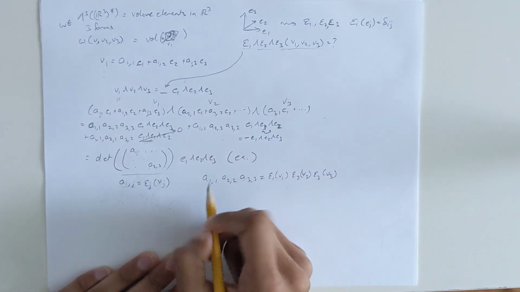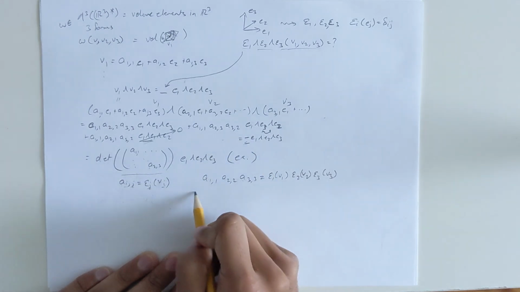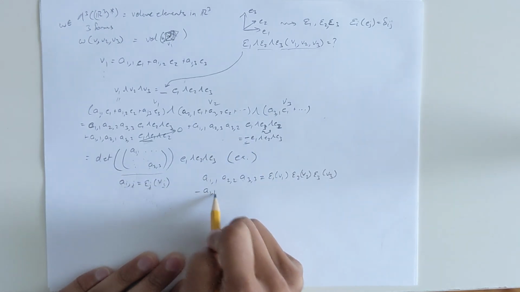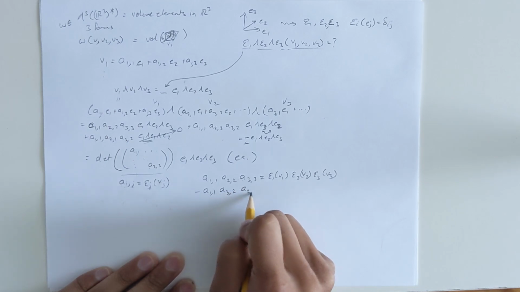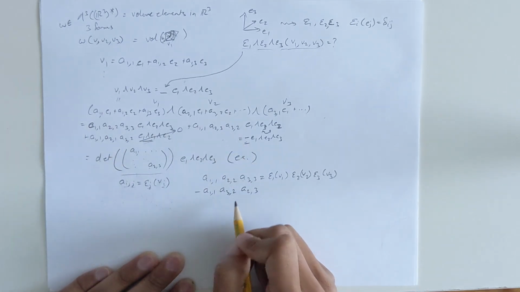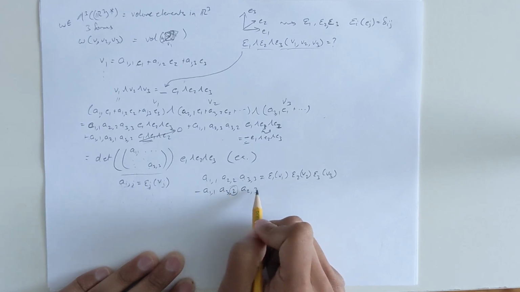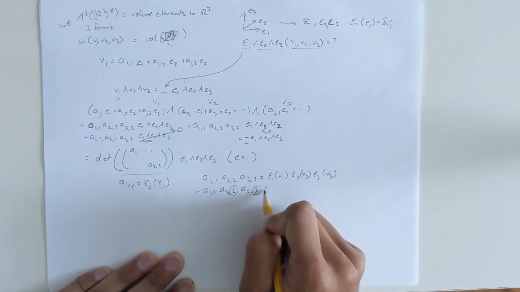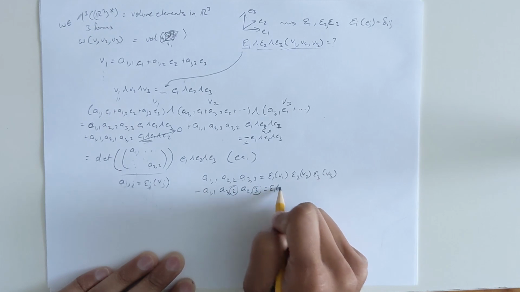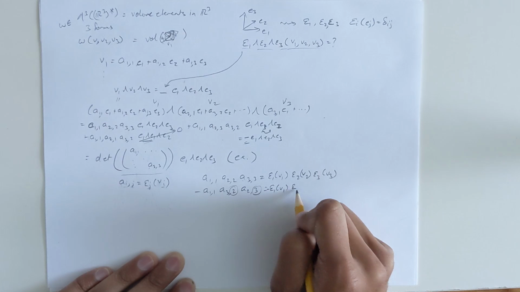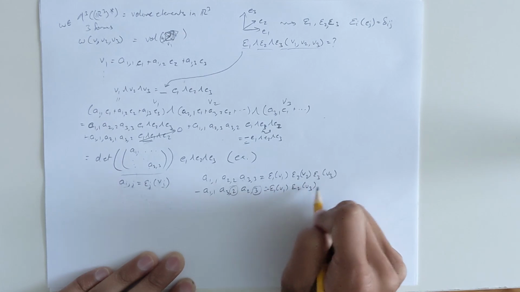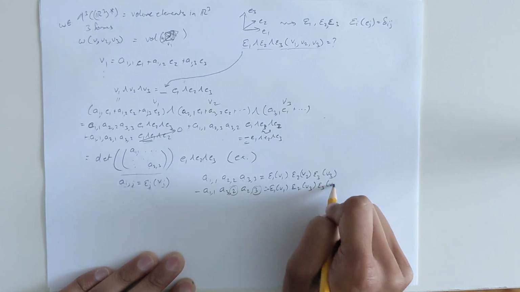The second term, I'll throw in the minus sign here. So it'll be negative A11, A32, and A23. So I swapped these two around to emphasize that this is the second component part, and this is the third component part. So this will be epsilon 1 v1 again, negative, and then epsilon 2 v3, and then epsilon 3 v2.